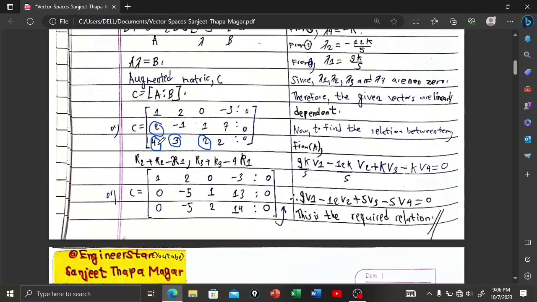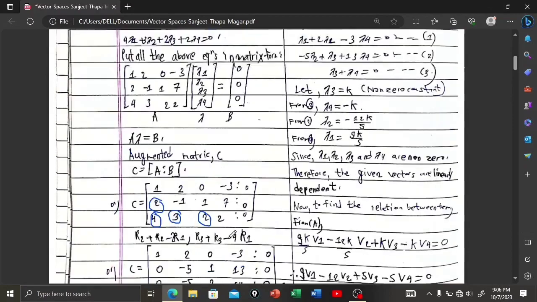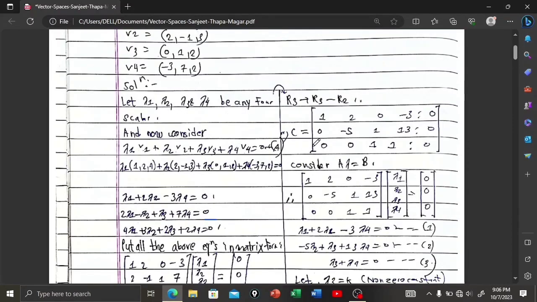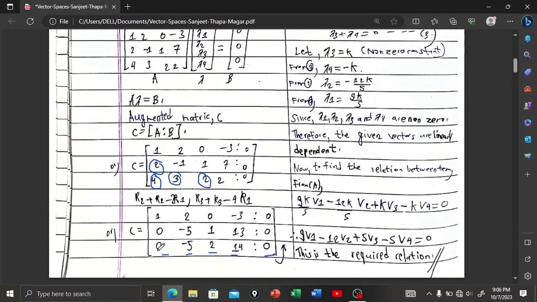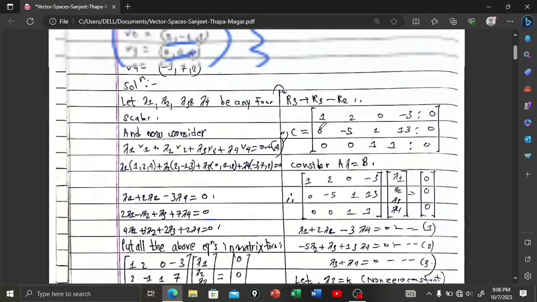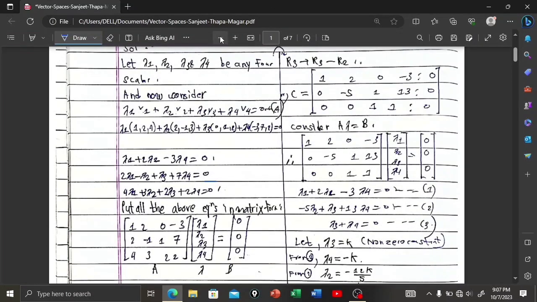Similarly, to make 0 here in R3, R3 goes to R3 minus 4 R1, that is 4 minus 4 is 0, similarly minus 5 to 14 and 0. Now here and here are already 0, so we need to make 0 here, so we subtract: R3 goes to R3 minus R2.